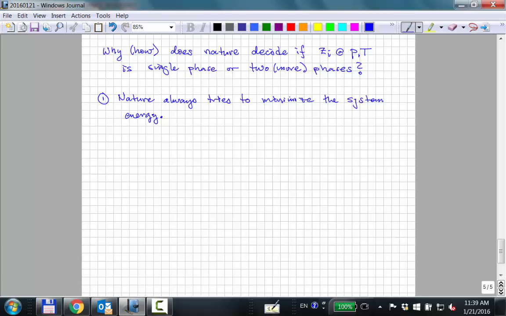We've got a pressure and temperature. And nature can decide to keep it as a single phase, and if it does, that single phase will have a certain energy. But if nature can come up with some other configuration where some of the methane is put into a lighter phase and some of the methane is put into the heavier phase, and likewise for every other component, if that configuration gives lower total energy, then Mother Nature is going there. Mother Nature won't tolerate single phase.